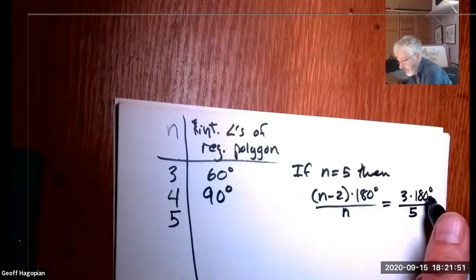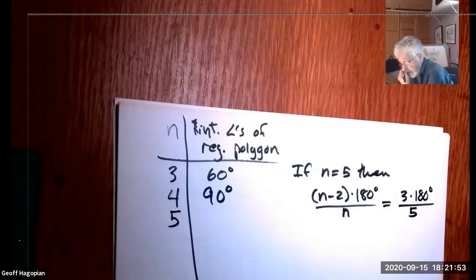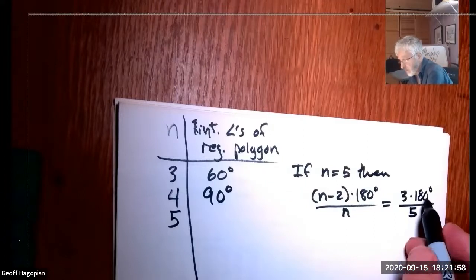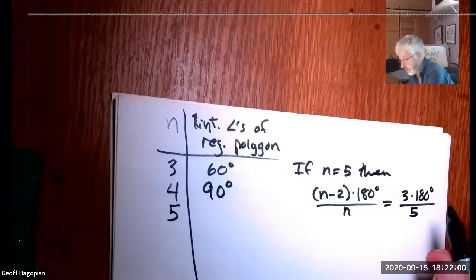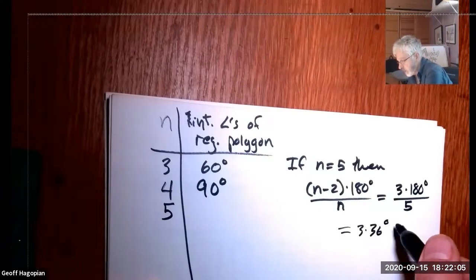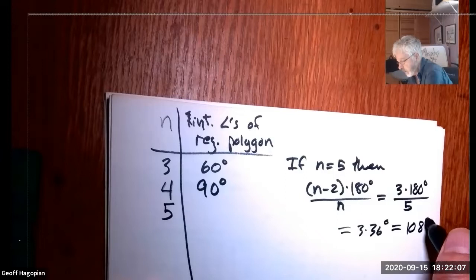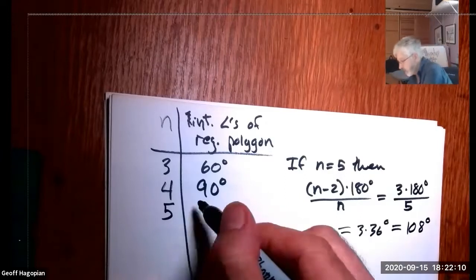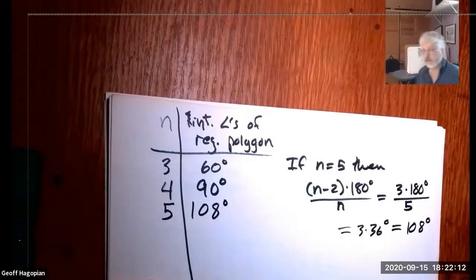If we divide first, we get 3 times 36, since 5 goes into 180 36 times. So it's 3 times 36 degrees, which is 108 degrees. So each interior angle of a pentagon is 108 degrees. If you bisect it, it'd be 54 degrees, so you'd have two 54-degree angles.